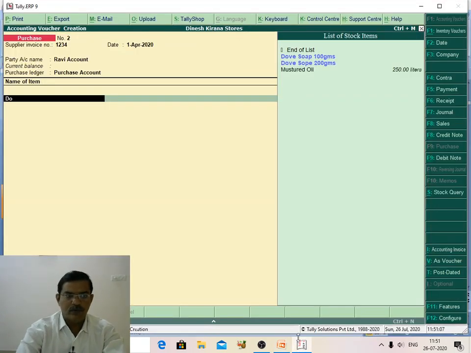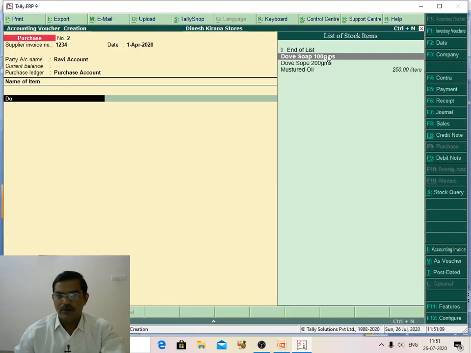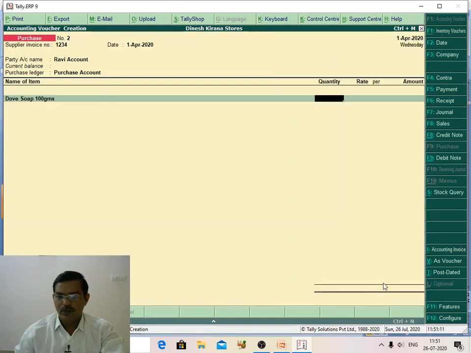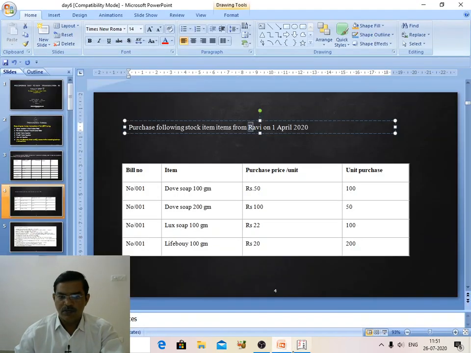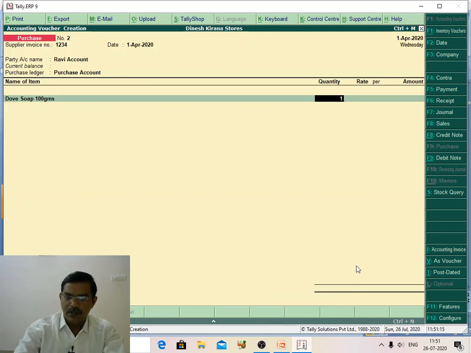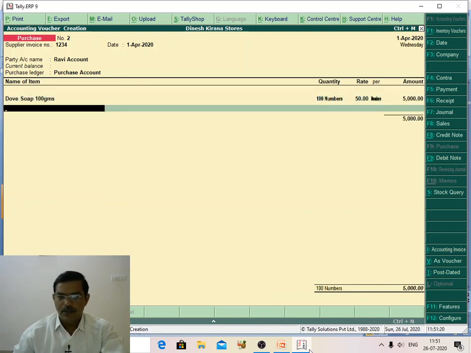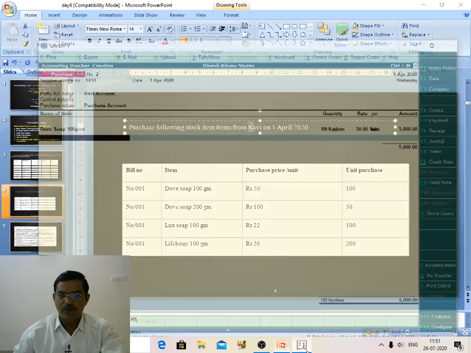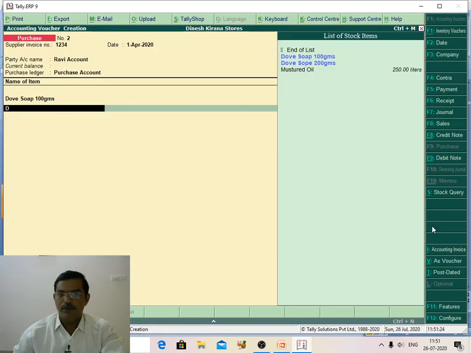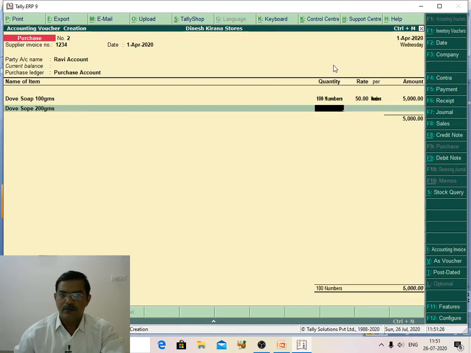And Dove soap, what is the quantity here? The available quantity is 50, at 100 rupees each. And Dove soap 200 grams, at 100 rupees each.